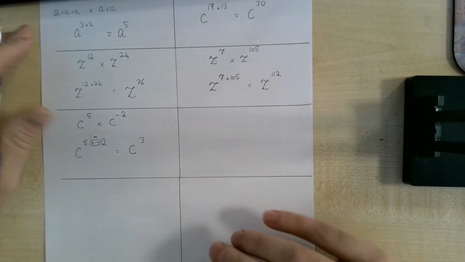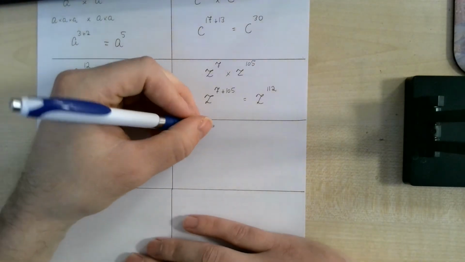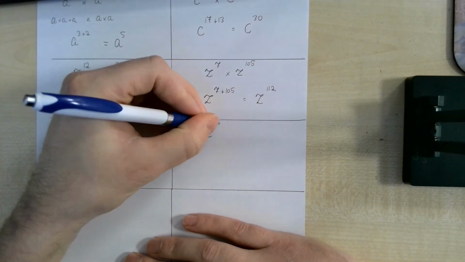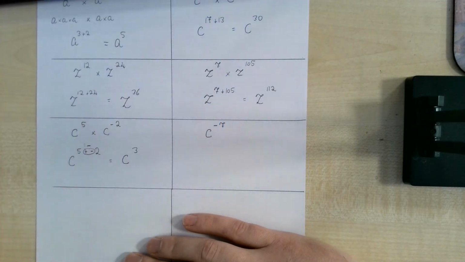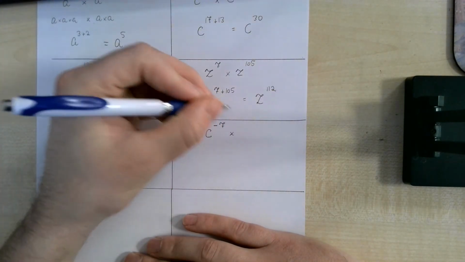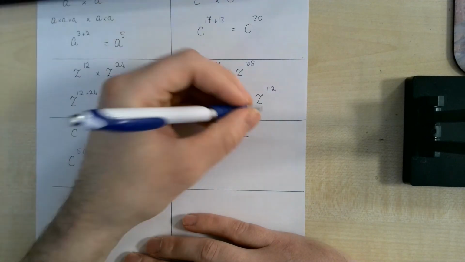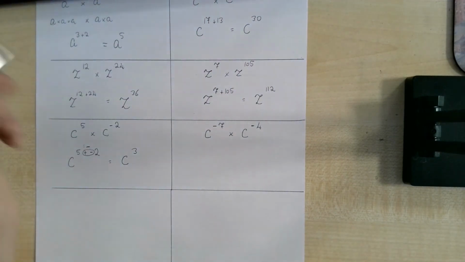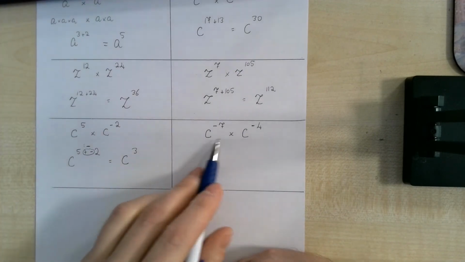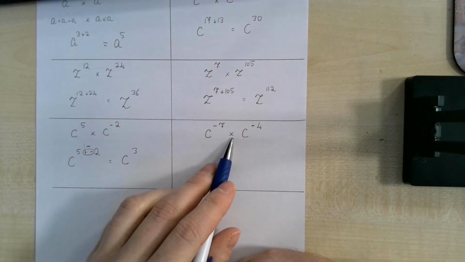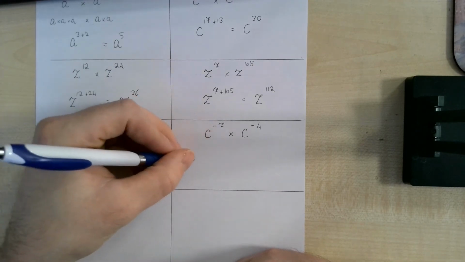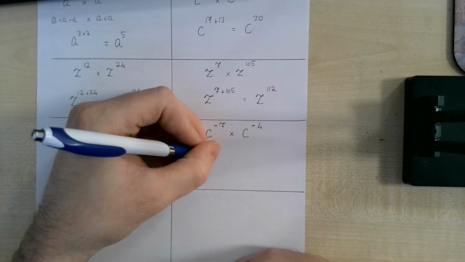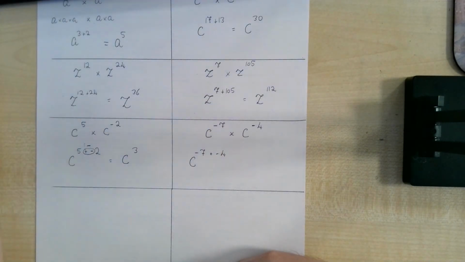Let's look at one more. Let's go with c's again. Let's say c to the power of minus 7 multiplied by c to the power of minus 4. So again, in this case, we've got two indices being multiplied together, so we need to add the powers. c to the power of minus 7 plus minus 4.